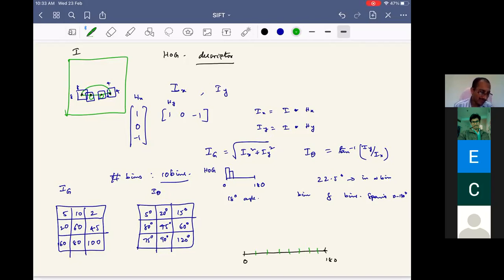At that angle, we see the corresponding gradient magnitude and sum them. In this bin, for example 0 to 22.5, which angles fall in 0 to 22.5? If I don't consider the gradient magnitude, how much should be the height of the HOG here, for the first bin?